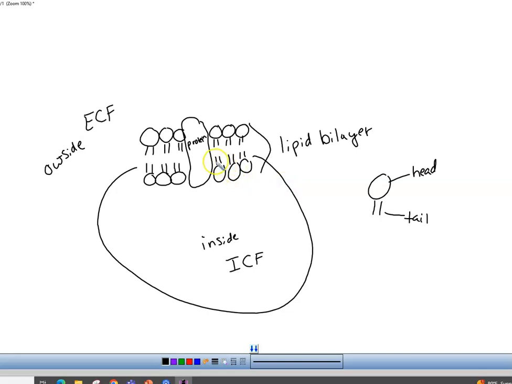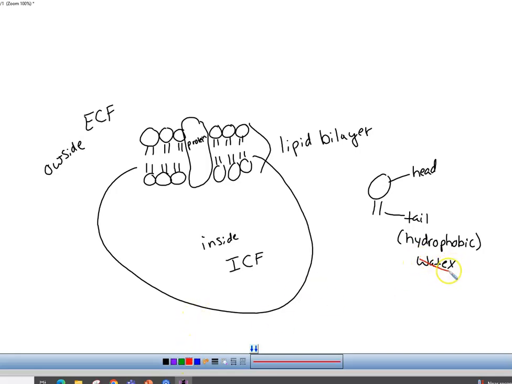Do you notice the tails? There's water in here and there's water in there. They don't like water, so they're facing each other. The heads, on the other hand, do like water, and we have a term for that. If you're scared of something, you probably have a phobia. So the tails, we say, are hydrophobic. They don't like water.